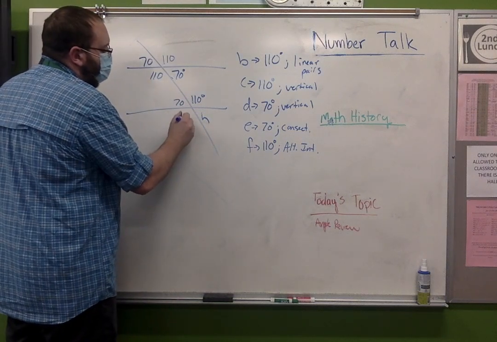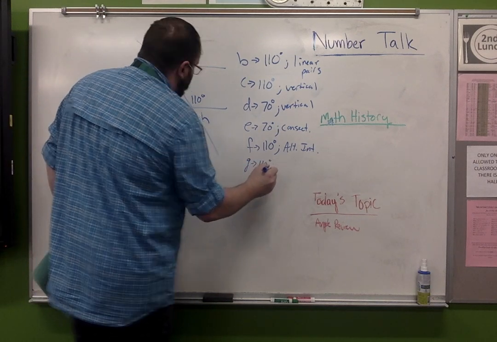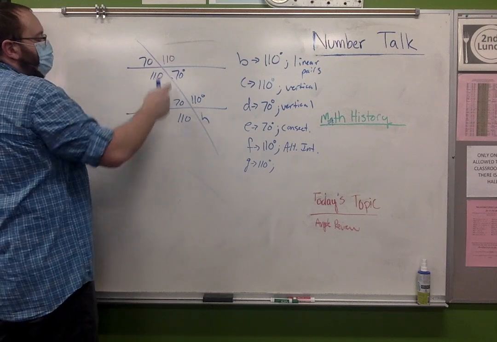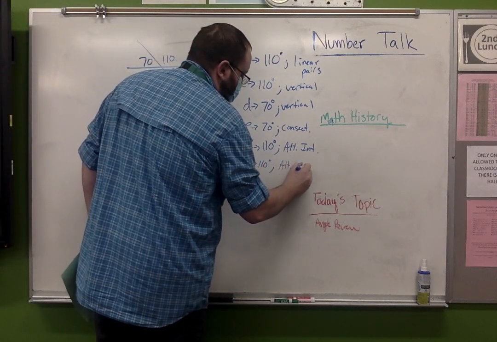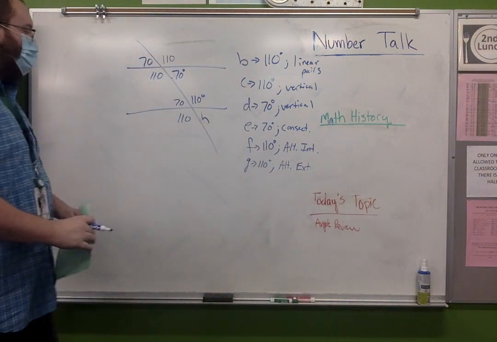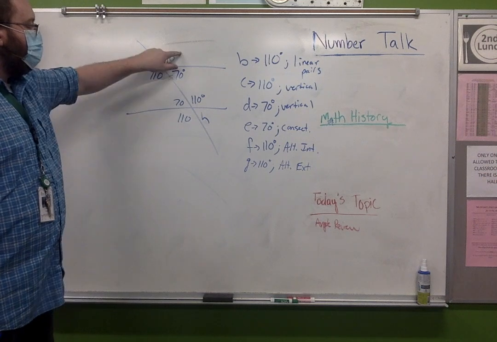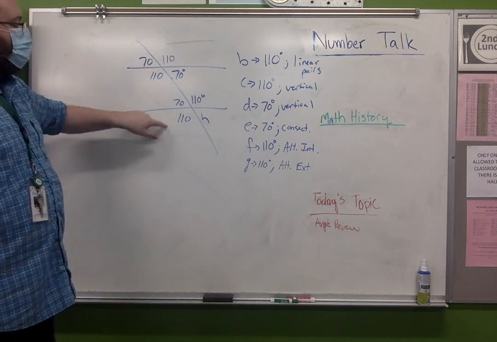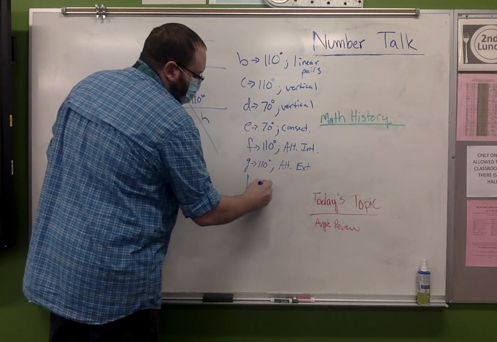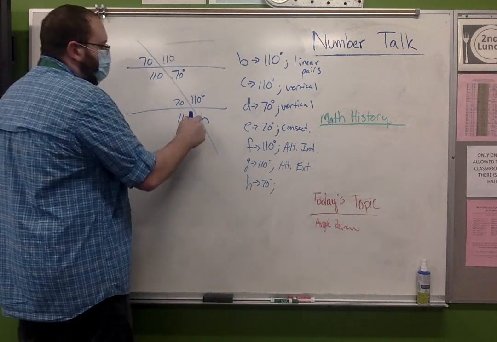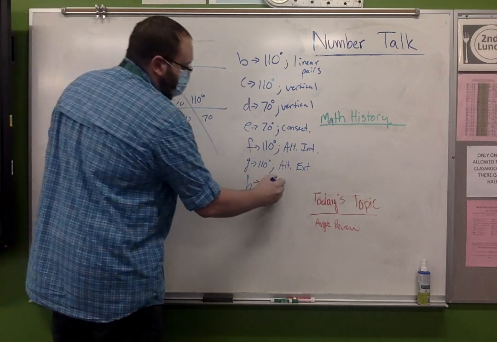G is 110, and I'm going to say because of alternate exterior angles. Exterior, outside of the parallels, on opposite sides, on switching sides of the transversal. They're congruent. And then H is 70 degrees, and I'm going to say because vertical angles. These angles are congruent, vertical angles.